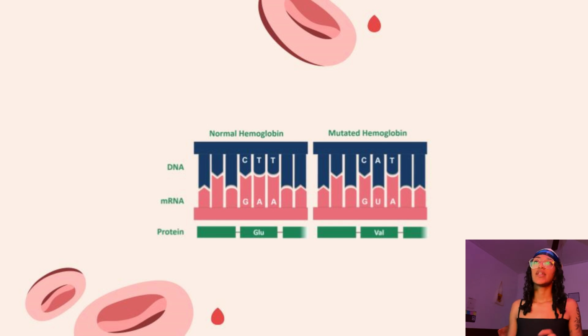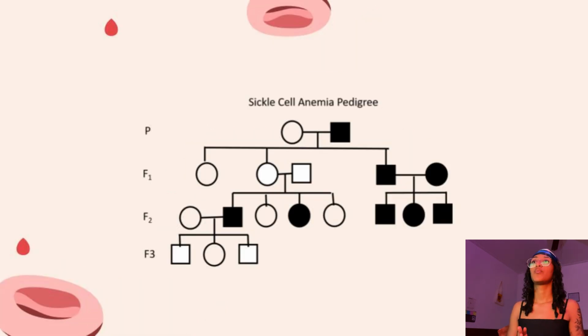This gene is located in chromosome 11, which makes it an autosomal trait. To develop sickle cell disease, you need to have both chromosomes with the mutated gene. So it is a recessive disease. You need to have these 2 copies, which makes you homozygous for this trait.